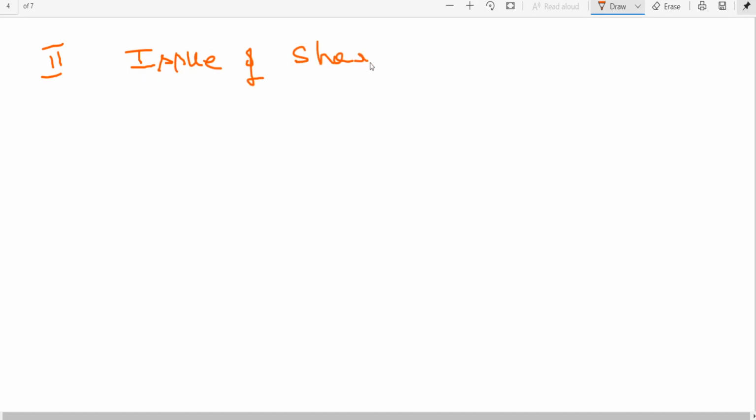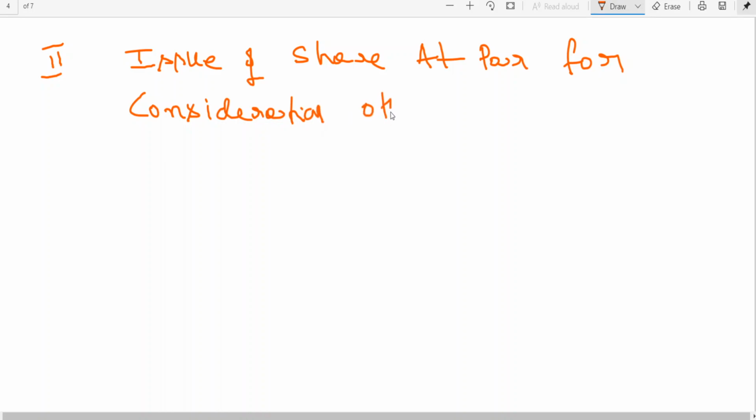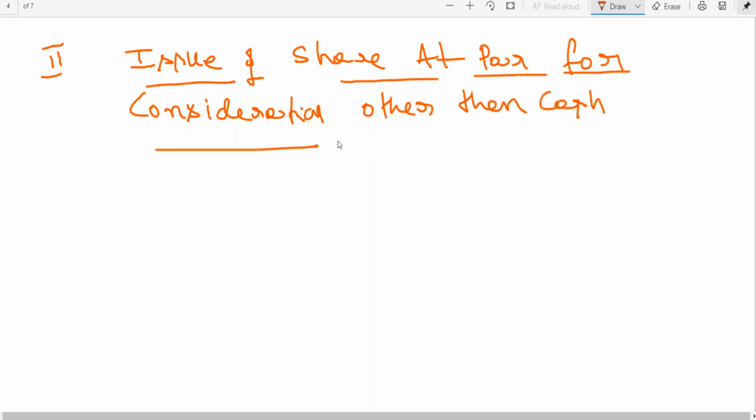Issue of shares at par for consideration other than cash.